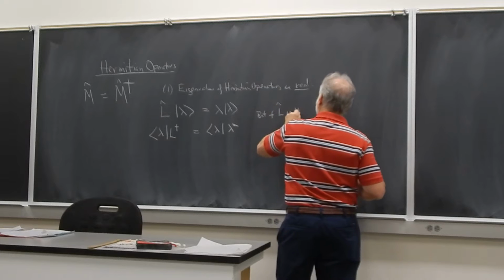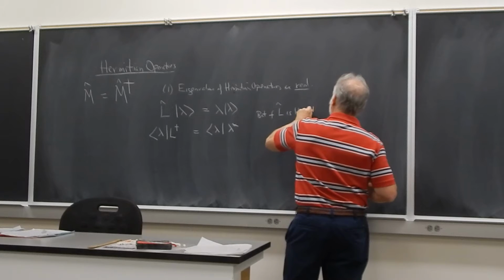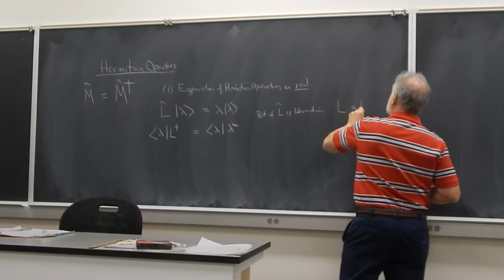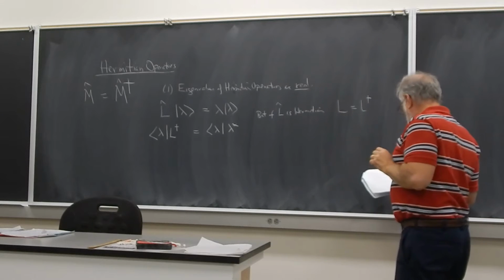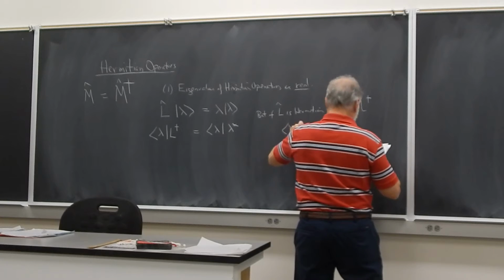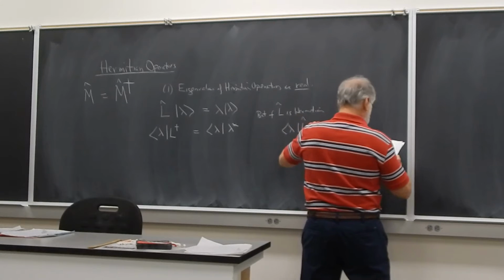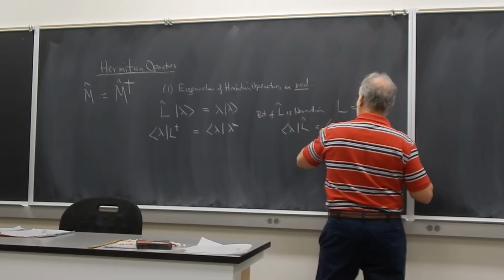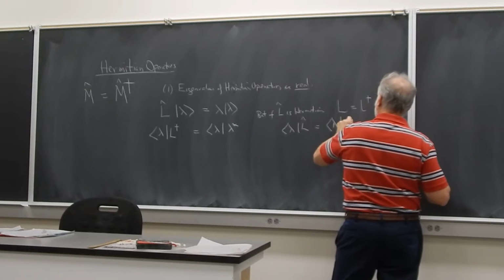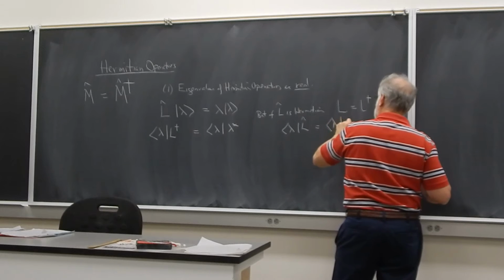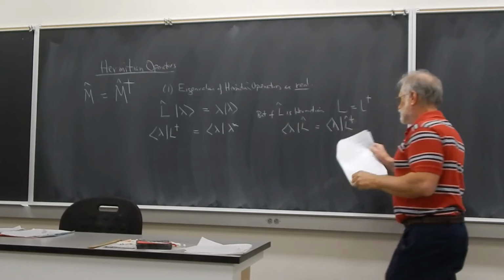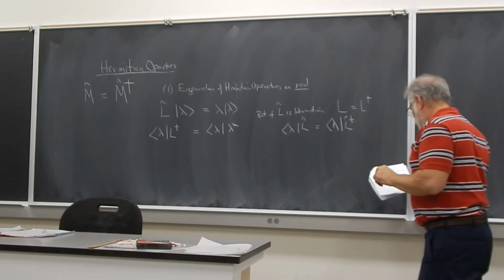But if L is Hermitian, then L is equal to L dagger. And what that means then is that bra lambda L is equal to bra lambda applied to L dagger as well.